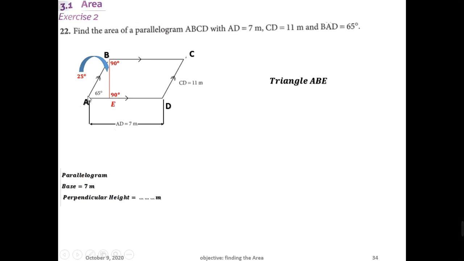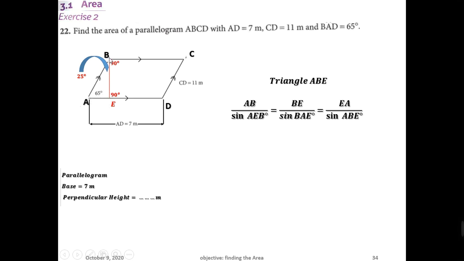So in triangle ABE, if we use the sine rule, side AB over sine of the angle that is opposite to side AB. The angle opposite to side AB is this angle here, which is AEB, which is 90 degrees.